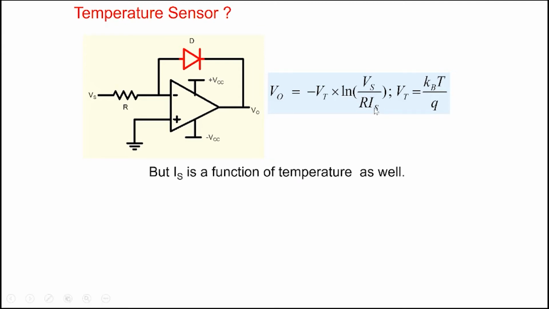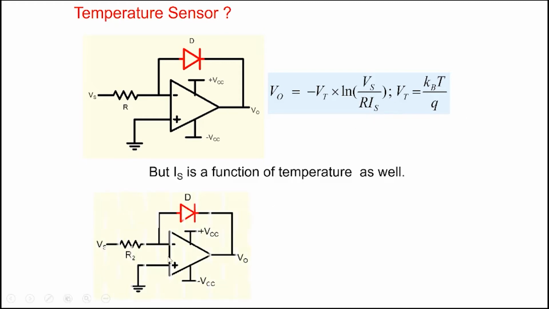So what we can do is cancel this effect of Is by building another circuit. Suppose we change the resistor R2 here, we'll get an output which is V0 is minus Vt multiplied by ln Vs by R2 Is here. And if we take the difference of the two here, then the Is will cancel each other.